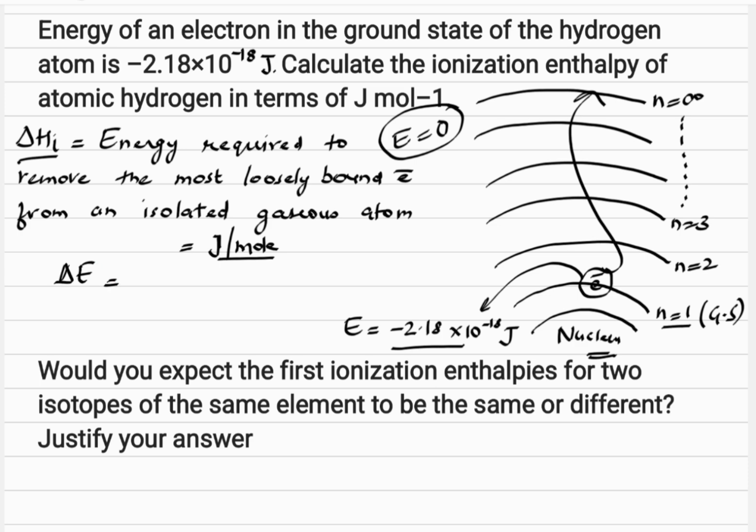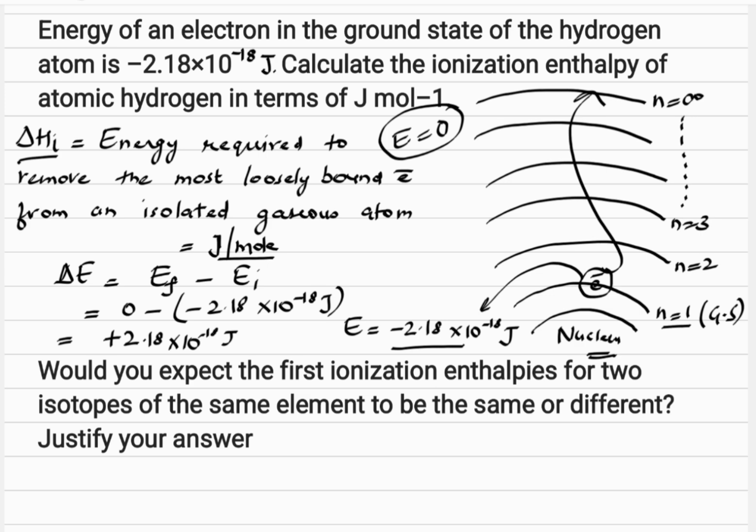The energy required would be energy of the final state minus energy of the initial state, which is 0 minus (minus 2.18 times 10 raised to the power minus 18 joules). So this comes out to be positive 2.18 times 10 raised to the power minus 18 joules.